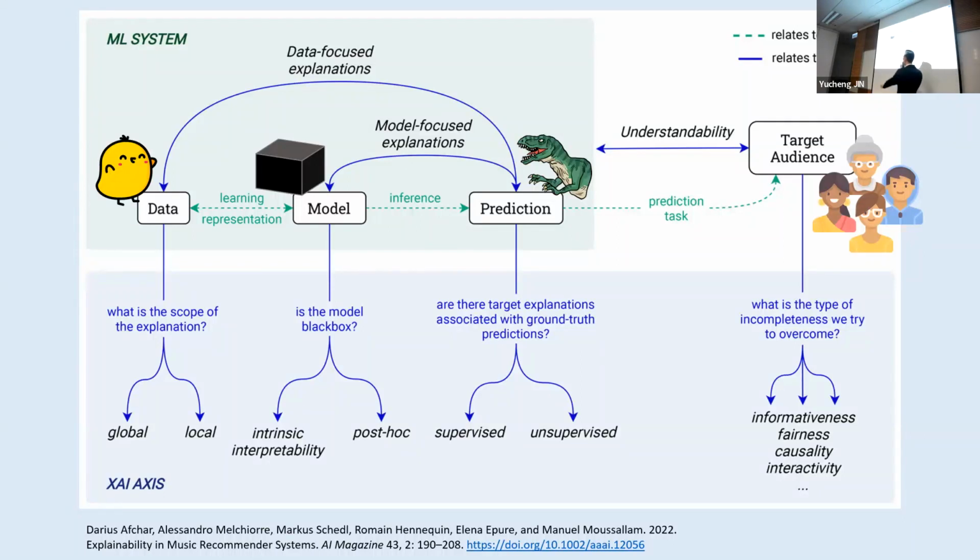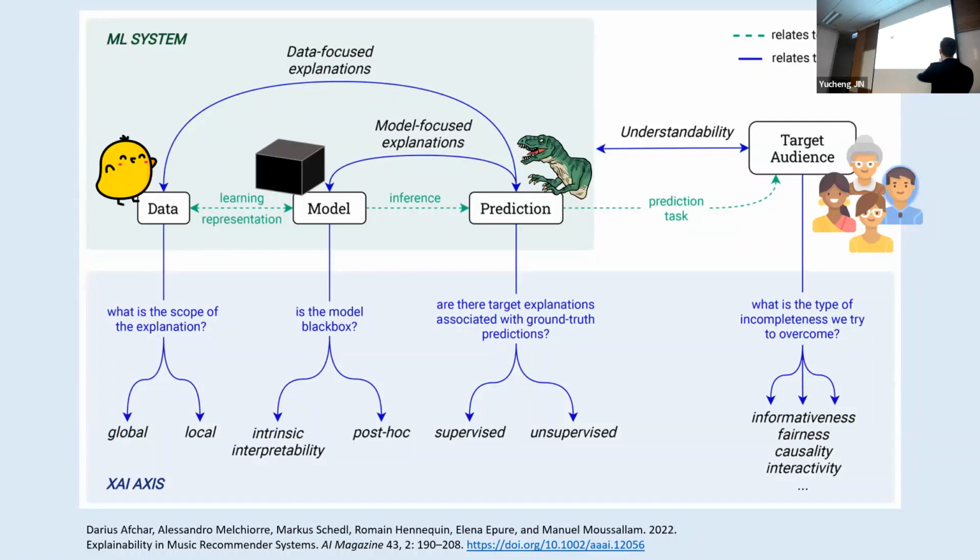We can talk about the data, and then we can look at global or local explanations. We can try to look at the model itself with model-focused explanations. We can try to make the model like a glass box model, like something we can understand by just looking at it. Or we can do a post hoc analysis, which means we try to explain what the dinosaur is doing over there and try to catch some justification.